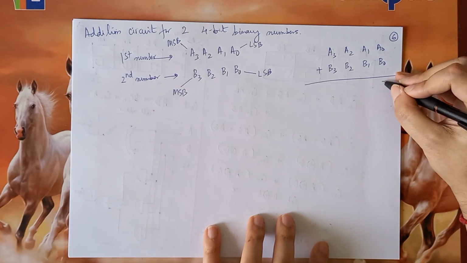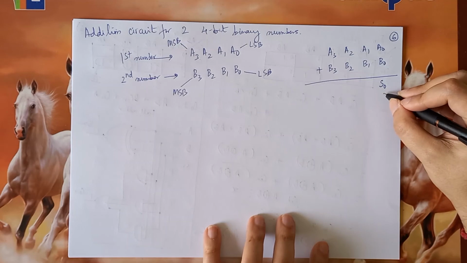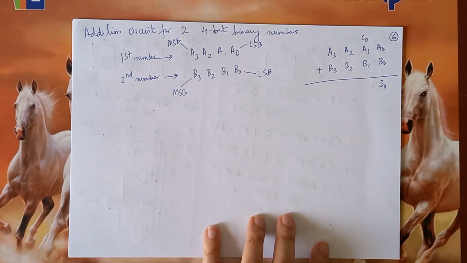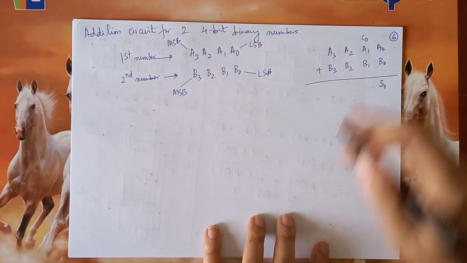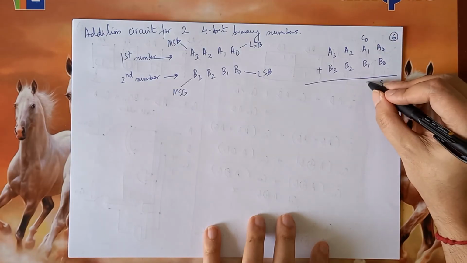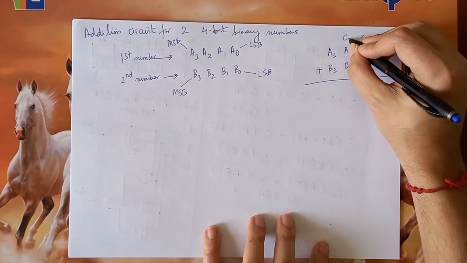Let us say the sum they generate is S0, and they could generate a carry C0 also. So that C0 will come over here, the carry from the first addition. Then you will do C0 plus A1 plus B1, which will give you the sum S1 and a carry also C1, and that C1 could come here.